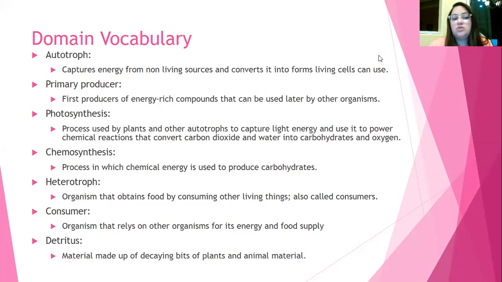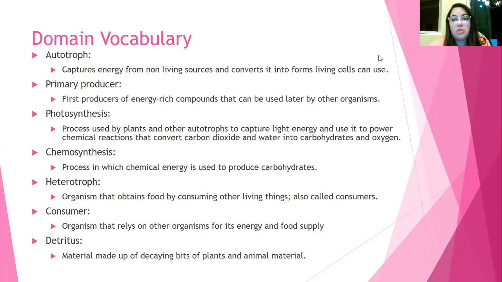Photosynthesis is the process used by plants and other autotrophs to capture the light energy and use it to power the chemical reactions that convert carbon dioxide and water into carbohydrates and oxygen. So we know our photosynthetic equation. And so photosynthesis is just capturing that light, using that light energy to power through photosynthesis.